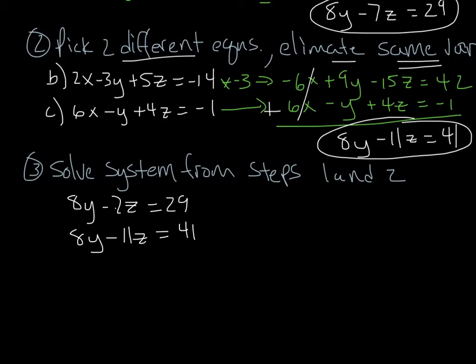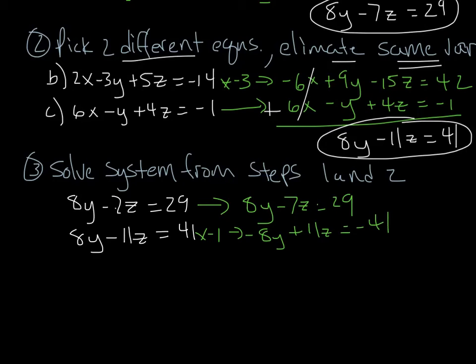So, all right, I'm going to use linear combination here. Looks easy because I have an 8y in both. So I'm going to leave the top one alone: 8y minus 7z equals 29. And the bottom one, I'm going to multiply by negative 1 to get negative 8y plus 11z equals negative 41.